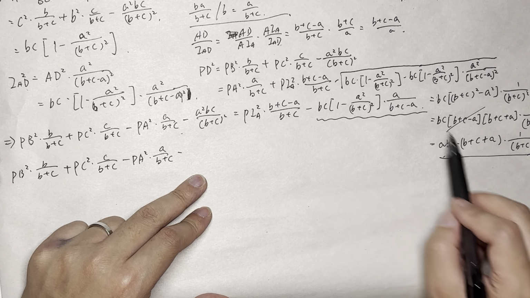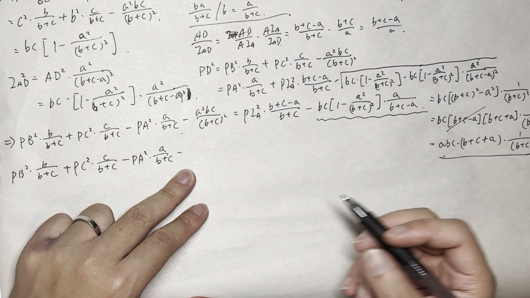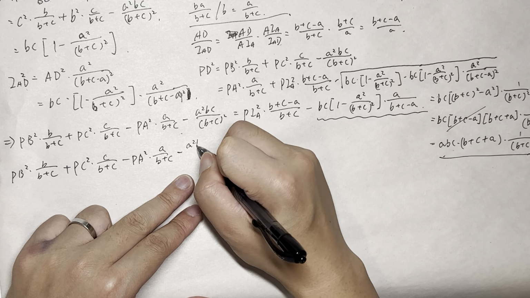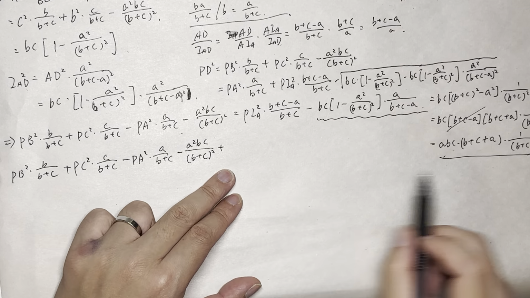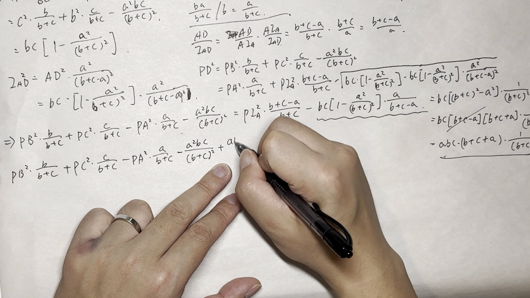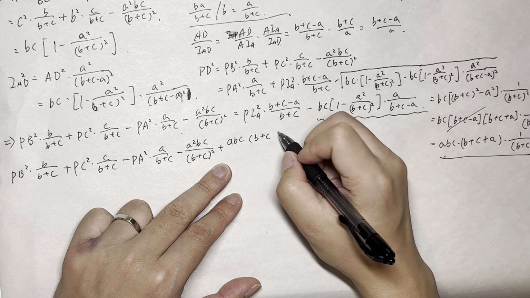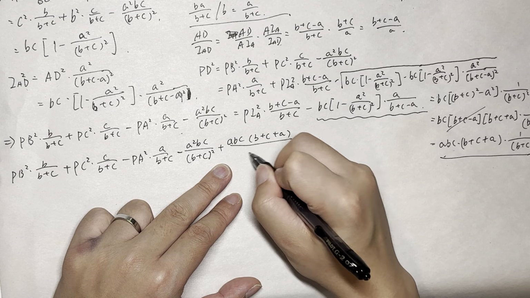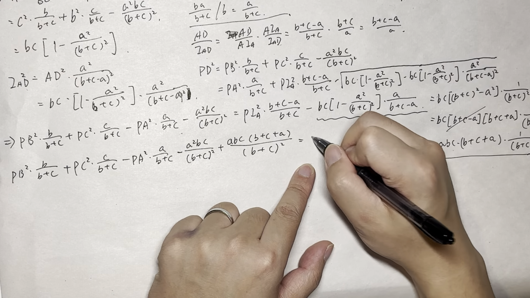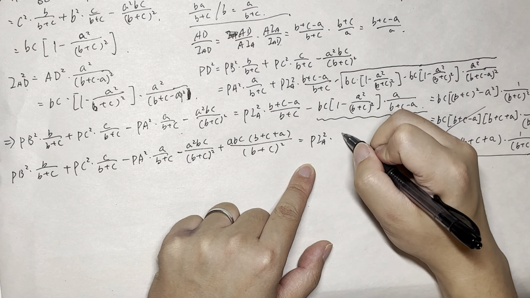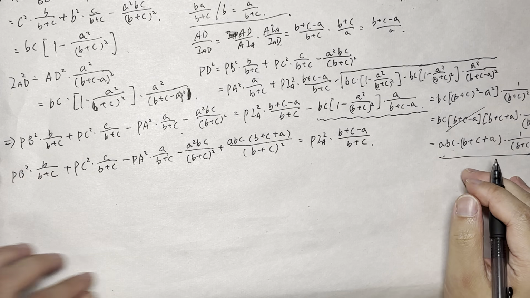See, this is negative here, so once we move it, here would be the positive. Plus, here we got ABC times B plus C plus A to B plus C squared equals PIA squared times B plus C minus A to B plus C.